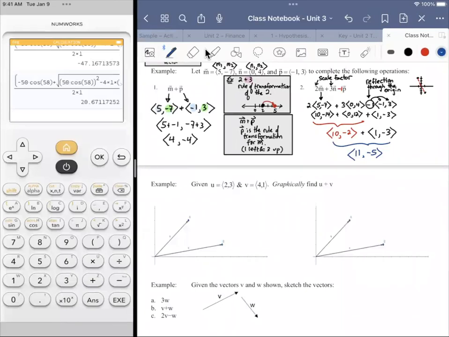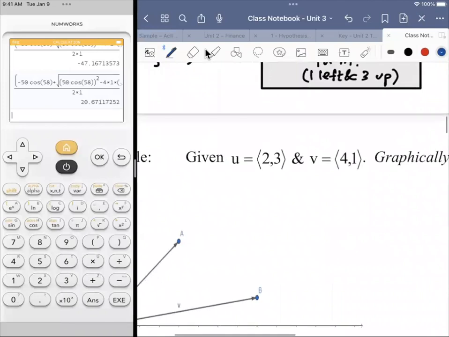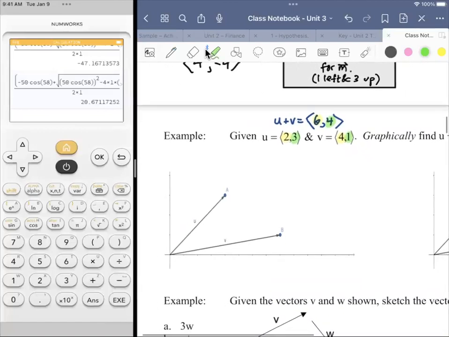So if I can easily do this computation, U plus V is going to be 6, 4. All right, what did I do? I added this number to this number and got that number, added this number to this number and got this number. All right, but we want to be able to do it graphically.